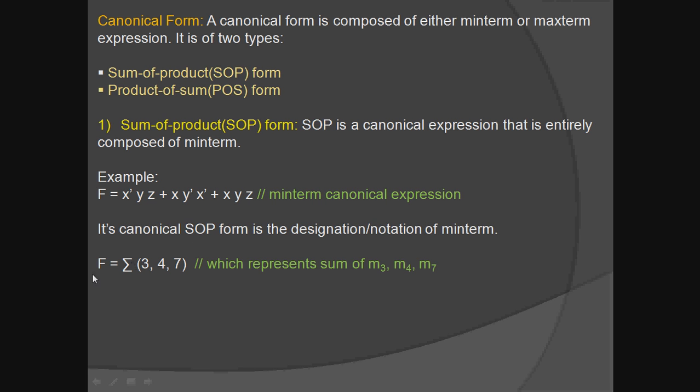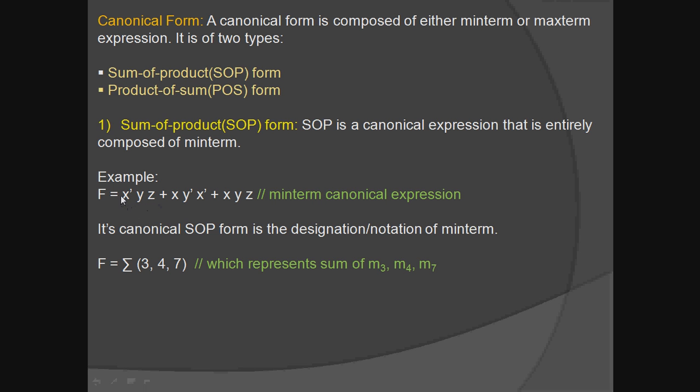f equals, we use this summation to denote the sum of. This summation symbol is used to represent sum of. Here, if you see the truth table in the previous video, where we get the min term designation, compare it with this min term canonical expression.